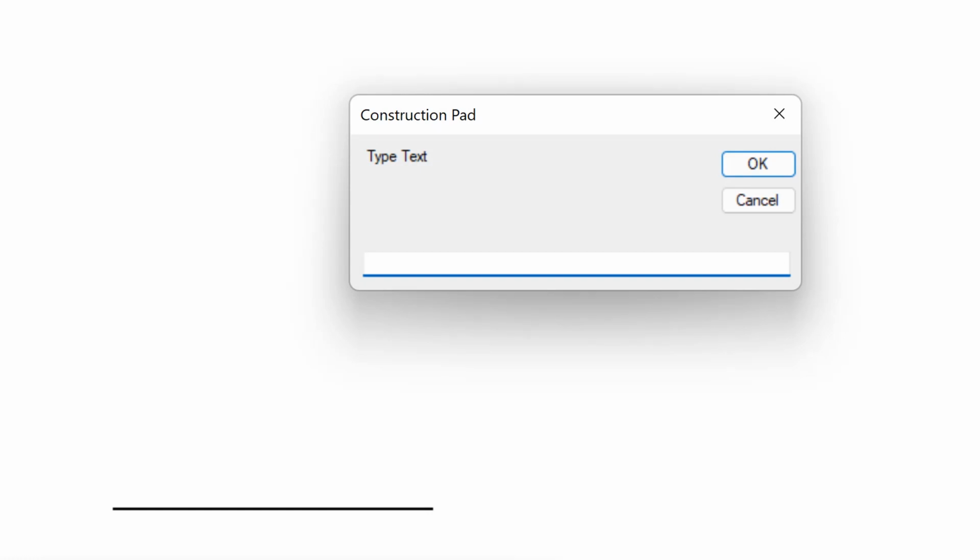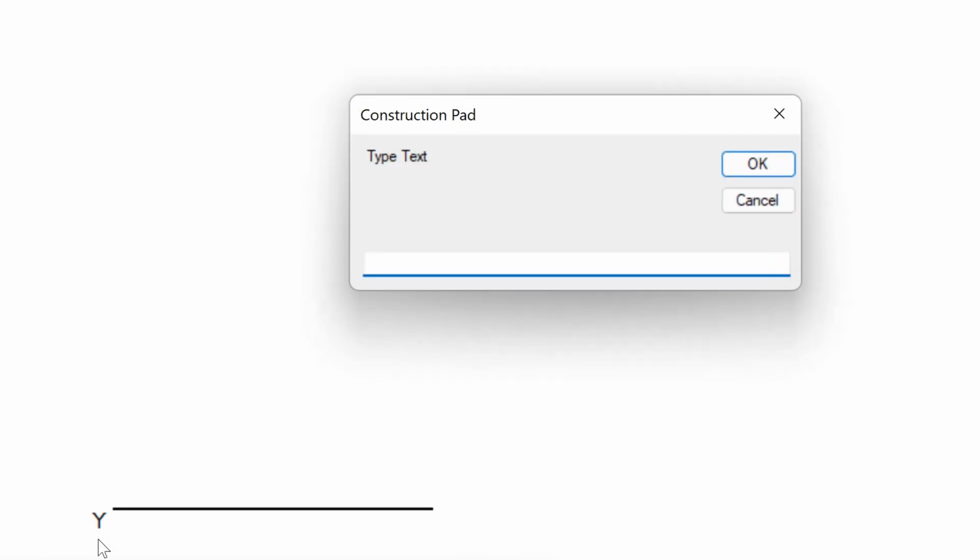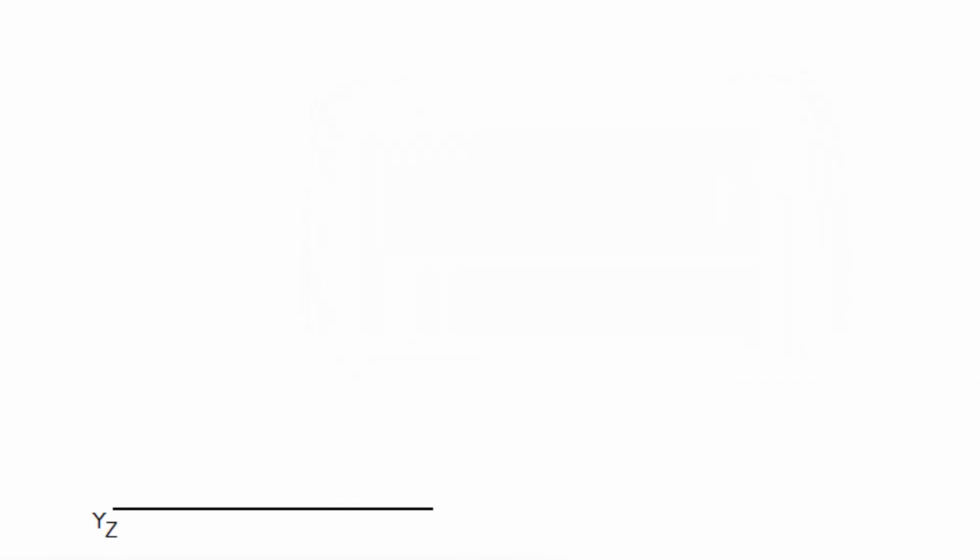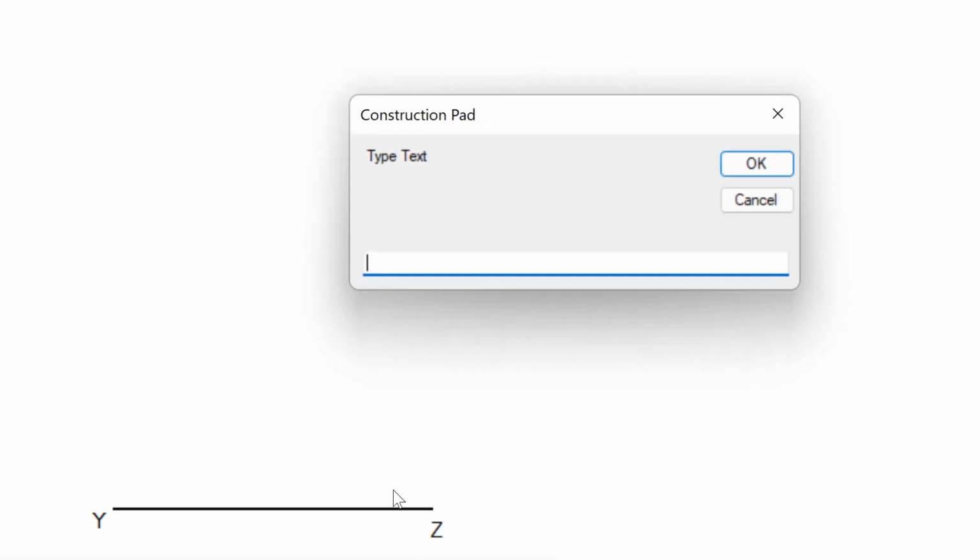The length of the segment is 6 centimeter. So this is the final figure. So you must write dimensions and vertices Y, Z, and the length.